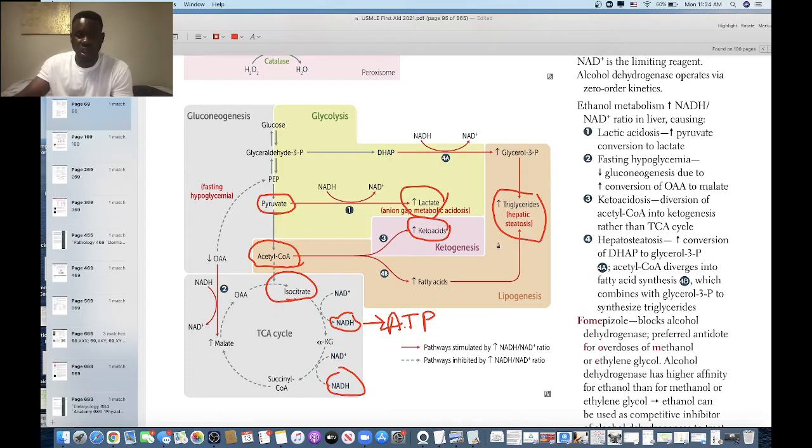Later on we'll see how that histology looks on the liver. We have to understand that. I think that should be in GI. If you want to see it in GI, should I search for it? Let's see.